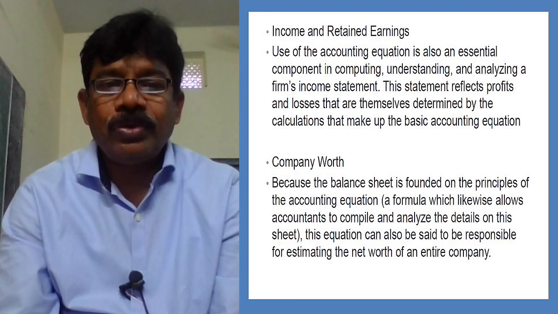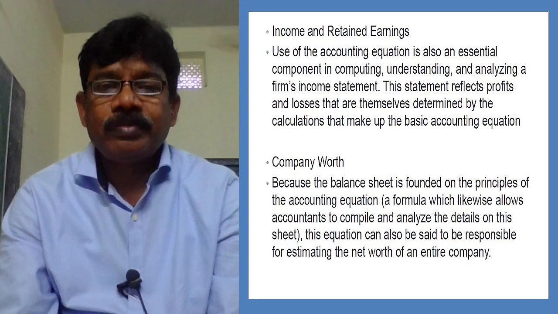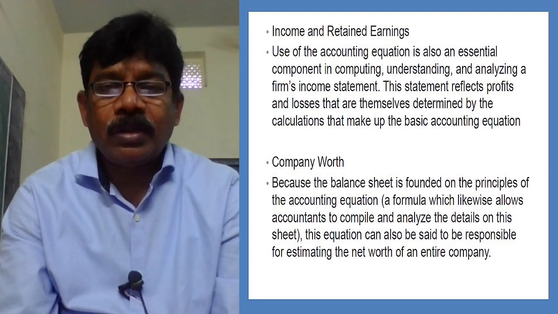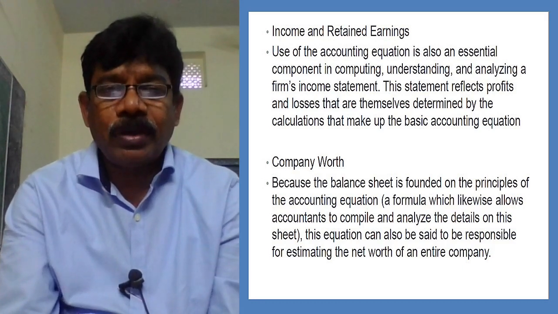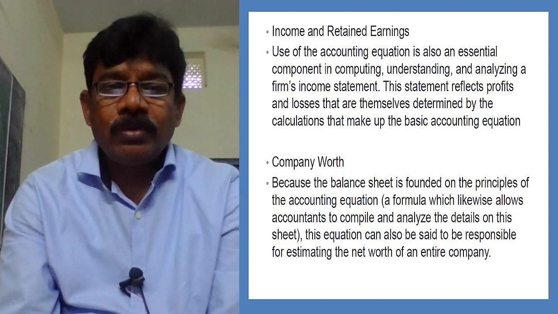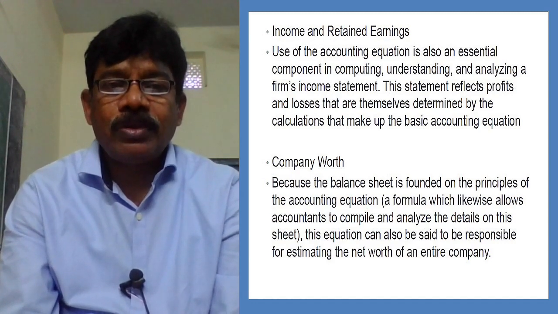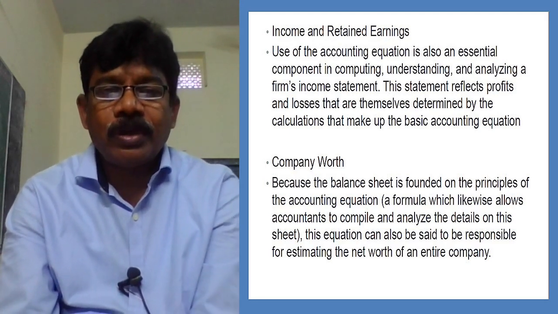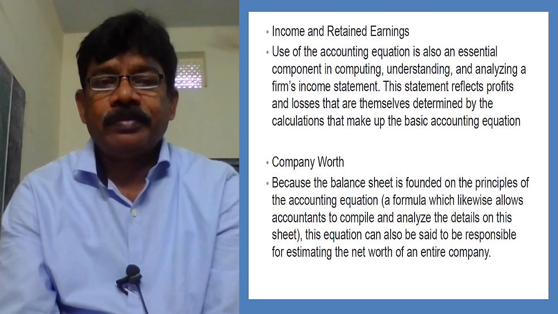Income increased due to decrease in goods. This statement reflects profits and losses, and those are themselves determined by the calculations that make up the basic accounting equation. And whatever goods were sold, we received cash, which included profit. Automatically, that profit amount is on the liability side.